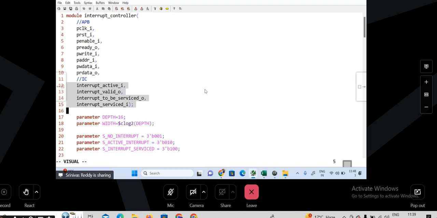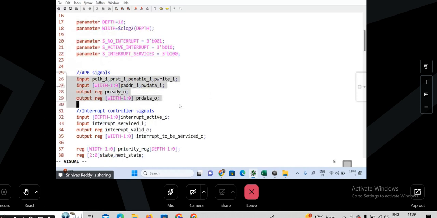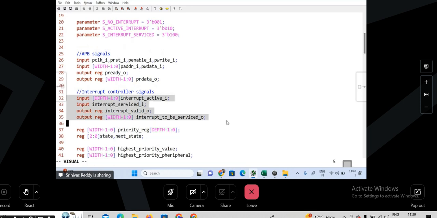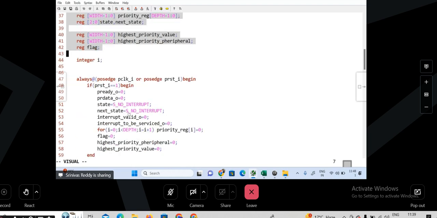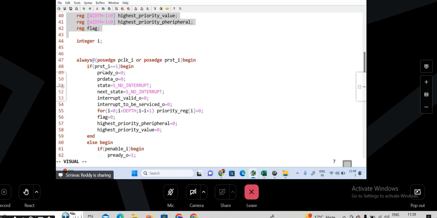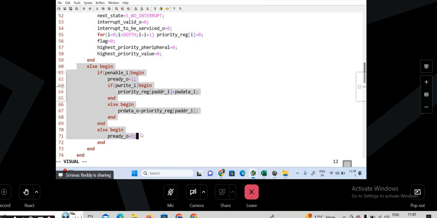Now here I'm taking only one test case. Let us run this program and tell you. Now you can see here, this is my P address.